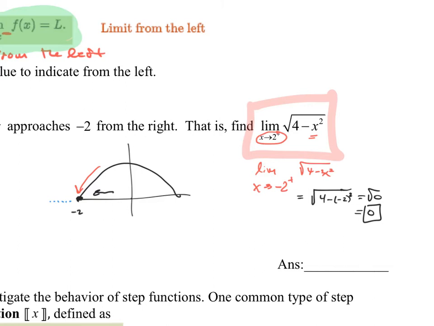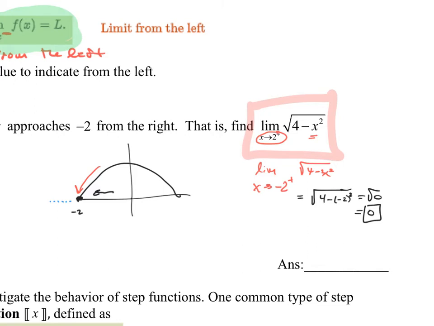But we certainly can talk about the one-sided limit. Can't talk about it from the left. Can't talk about it at the point because it doesn't exist. But we can talk about it just from the right because we are able to plug in values just to the right. So yes, we can just plug in the number 0, get the answer, but I really want you to think about this conceptually.